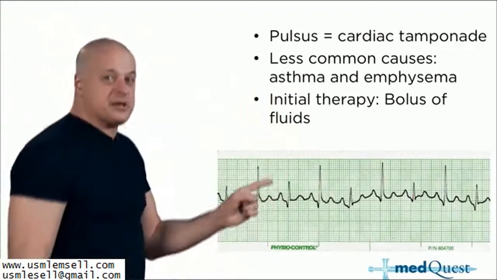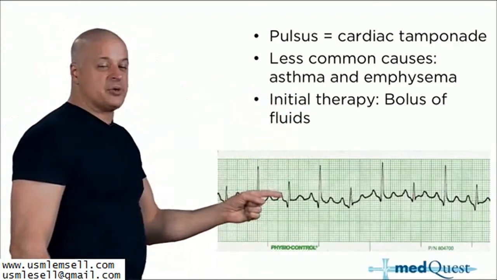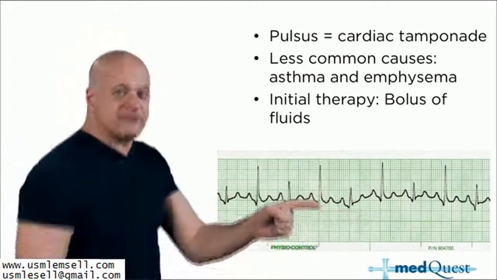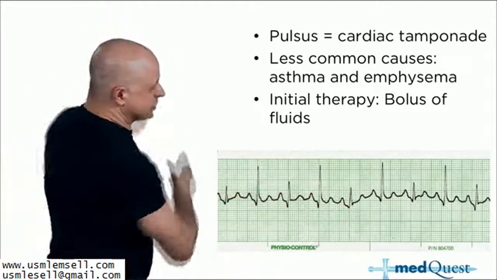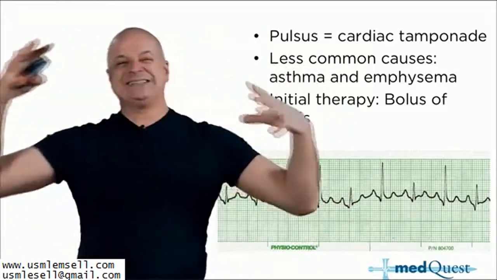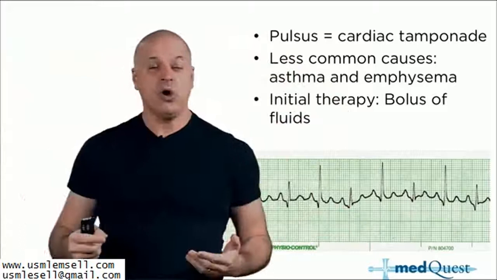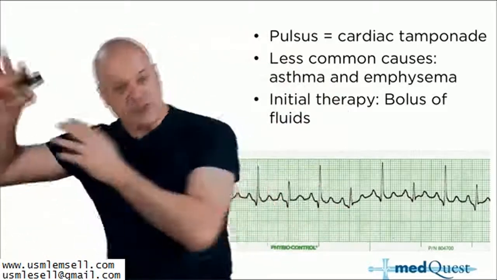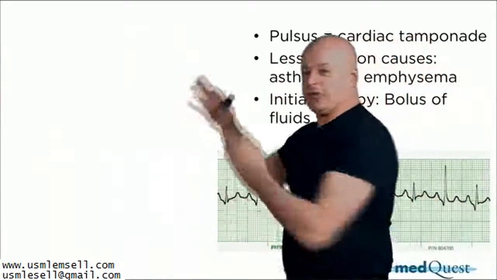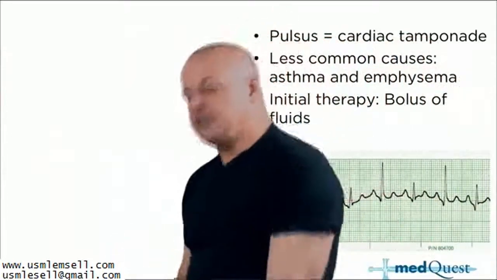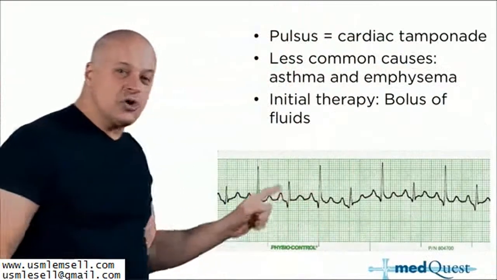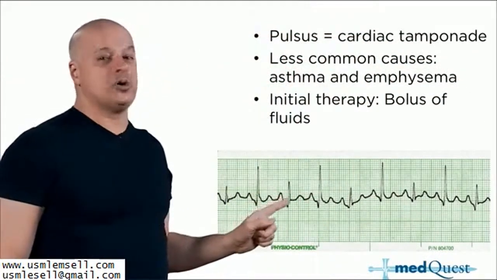When the heart flops backwards, the complexes get smaller, because the heart is physically distant from the anterior chest wall. The leads are here. If the heart flops away from it, the impulses go down. When the heart flops towards it, the impulses go up. Pulsus paradoxus, and this is called electrical alternans.